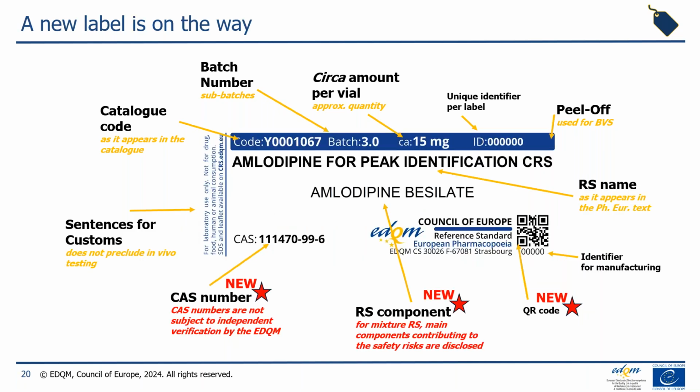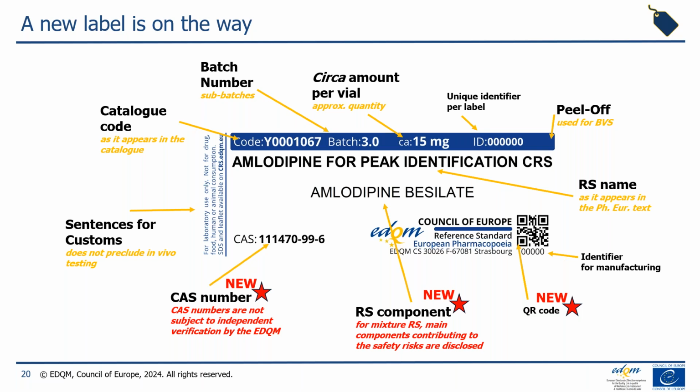I'm pleased to tell you today that a new label is on the way that will display additional information. So the 2D barcode will be replaced by a QR code, which is able to embark more information. We will still have the RS name as it appears in the pharmacopoeia text, but we will be adding the reference standard component.